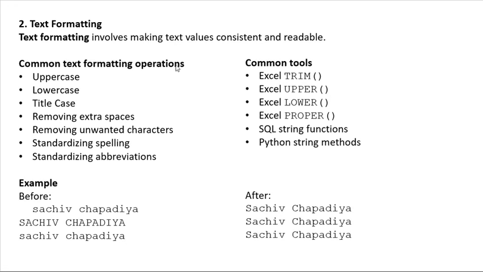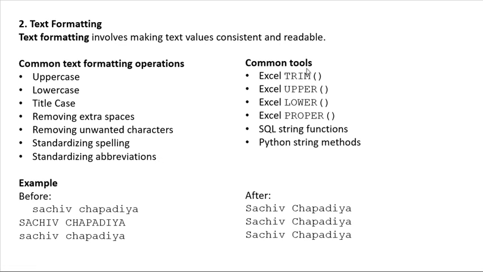Common text formatting operations include uppercase, lowercase, title case, removing extra spaces, removing unwanted characters, standardizing spelling, and standardizing abbreviations. For example, in the names there are extra spaces, and all the letters are in capitals in one and small letters in another.